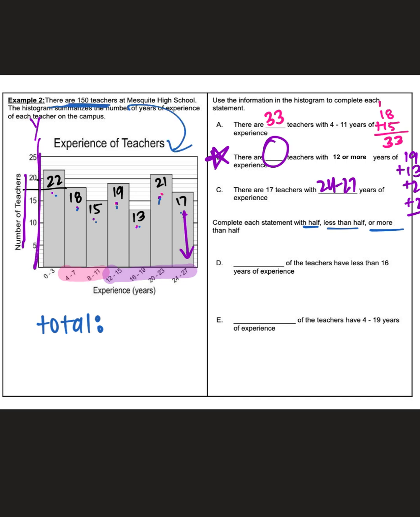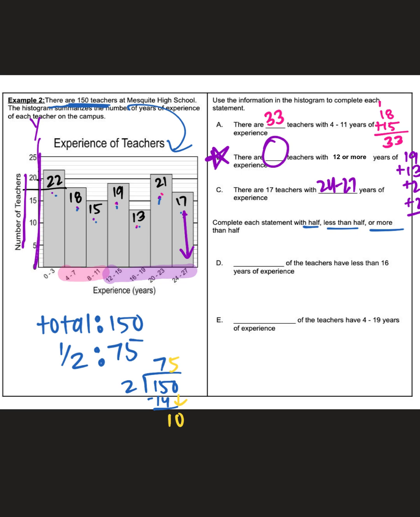So that is our total. Well, half of that is 150 divided by 2, right? So we got to do that math. 150 divided by 2. Okay, well, 2 doesn't go into 1, but it goes into 15 7 times. Subtract my 14. All right, let me change colors right here. 1 is left over. Bring down my 0, and 2 goes into 10 5 times. So half is 75. We're going to compare to 75 now.